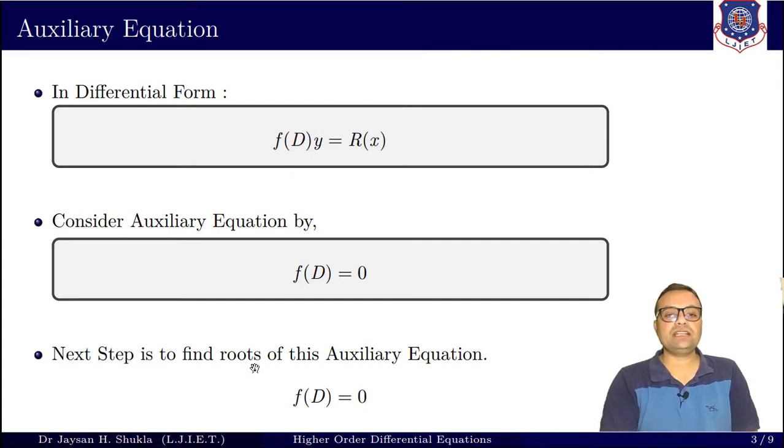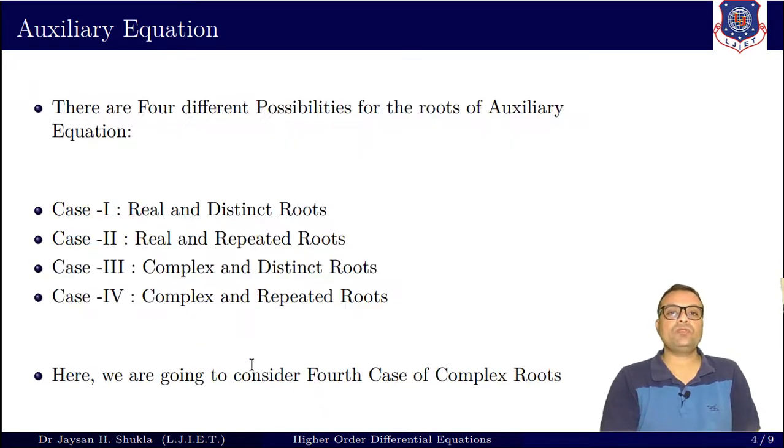Once we factorize this and identify the roots of this equation, we may get one of these 4 possibilities. I already covered the first, second and third cases in the previous videos. Today I am focusing on the complex and repeated pair of roots.